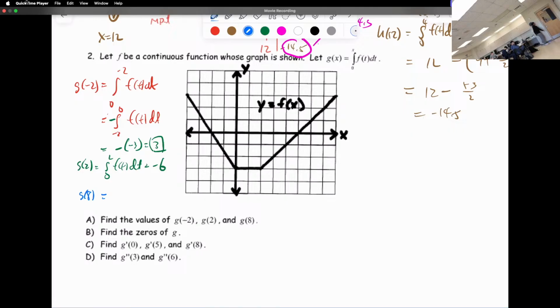So we start from here, and then G of 8. What happened is this part here is going to be negative 4.5, right? If I integrate it from left to right, that's negative 4.5. This is positive 4.5.